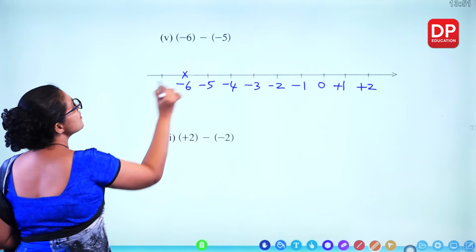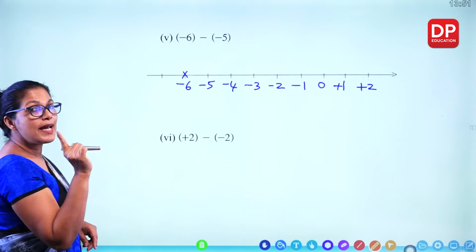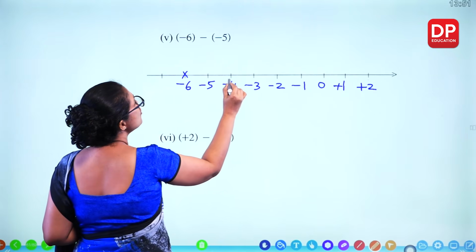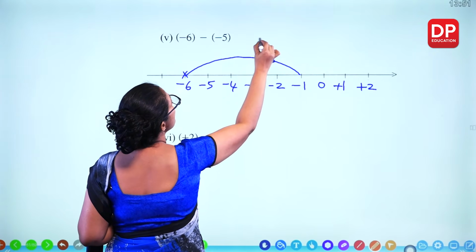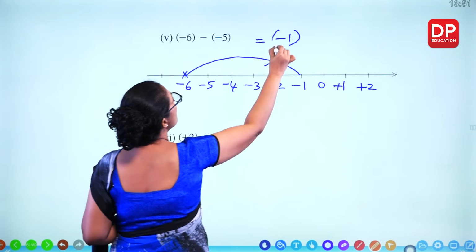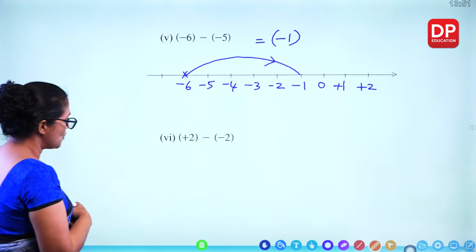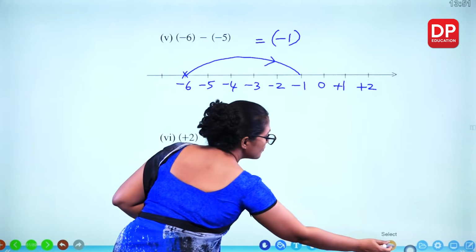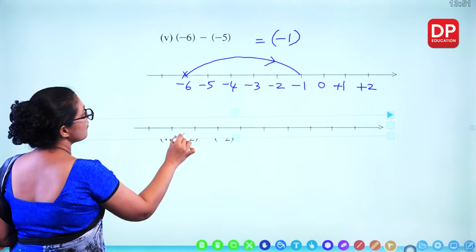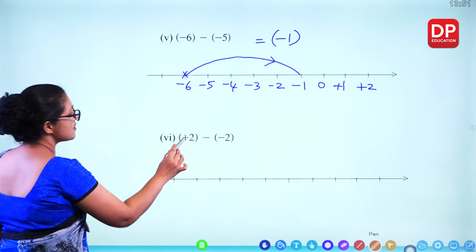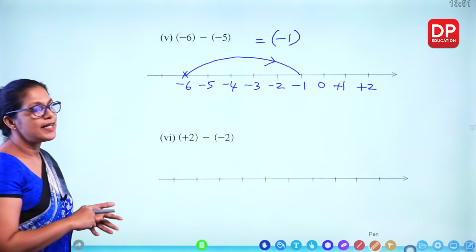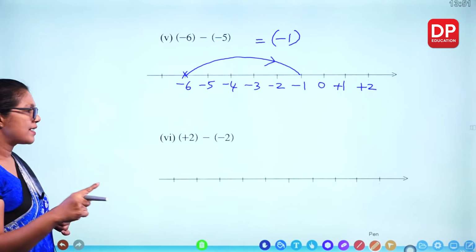So starting value is -6. 5 places to the right. 1, 2, 3, 4, 5. Answer is minus 1. This one, starting point is plus 2, minus means towards right hand side.